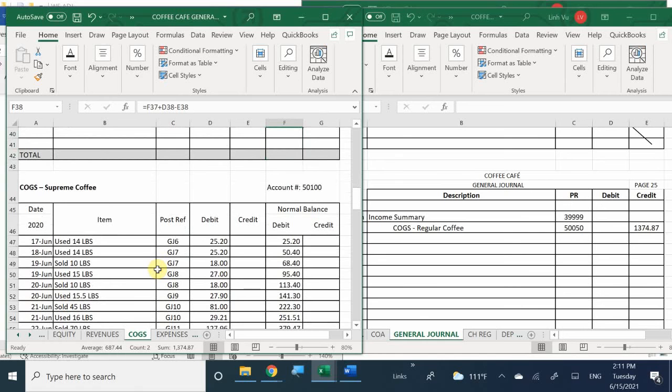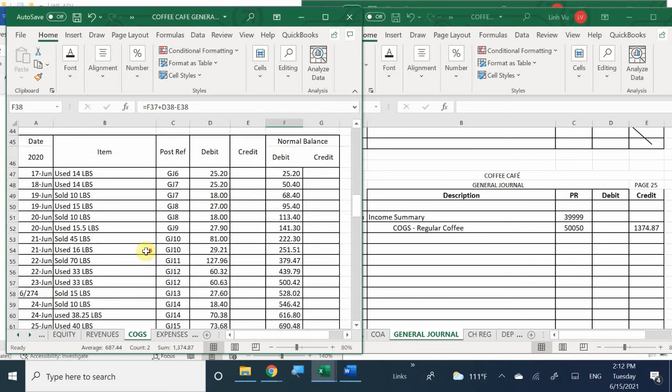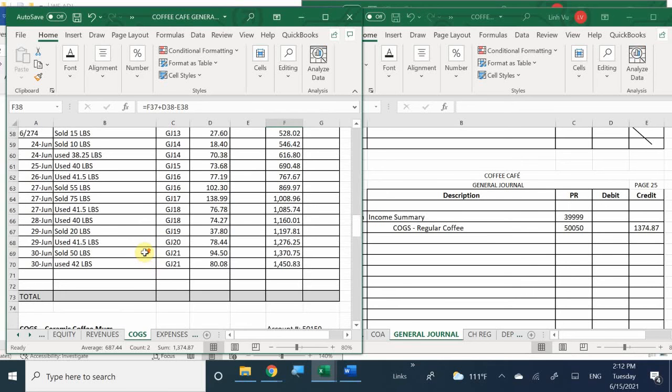So let's see what my next account's going to be. My cost of goods sold for the Supreme coffee. All right. $630. Closing. Okay.